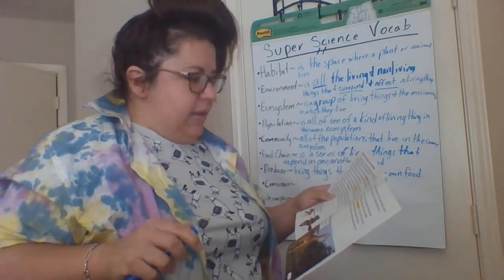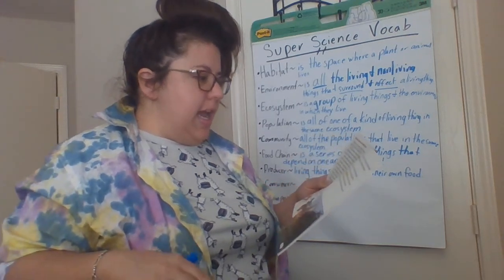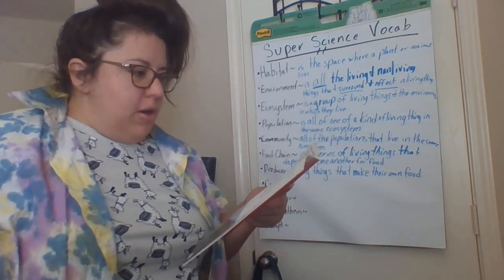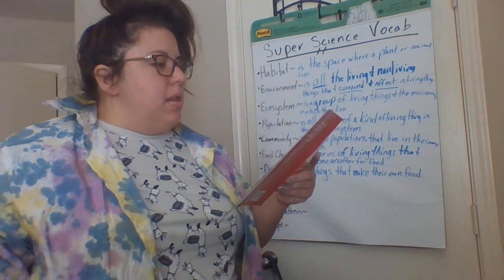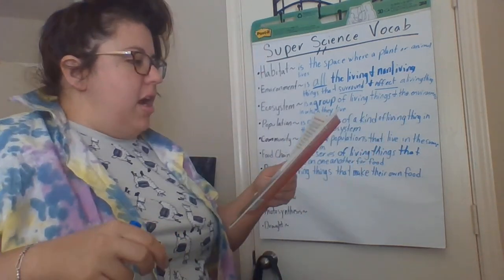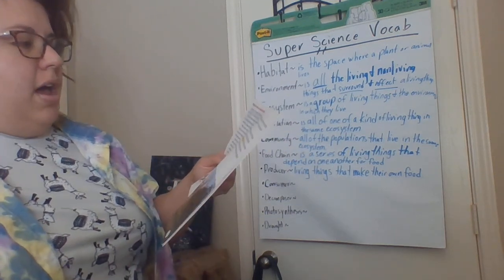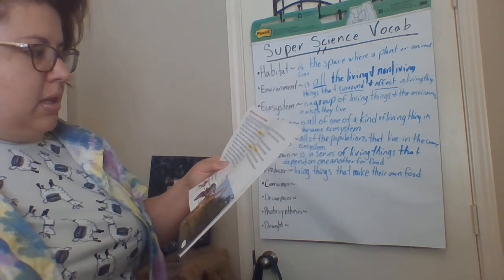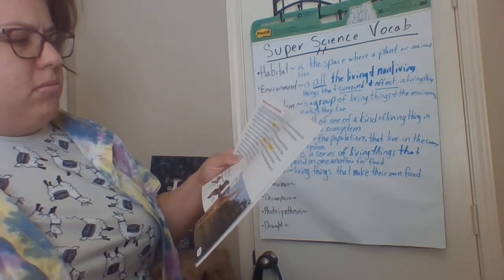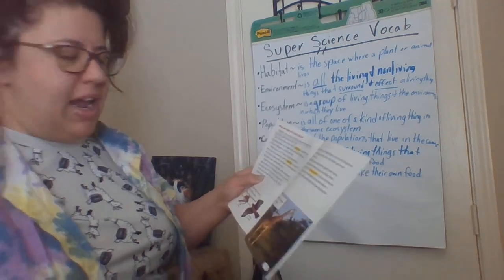Some animals eat plants for food. Such an animal is called a consumer. Stop, collaborate, and listen. All right, so consumer, sorry, I had to reread that. I was like, that doesn't make sense, but now I get it.